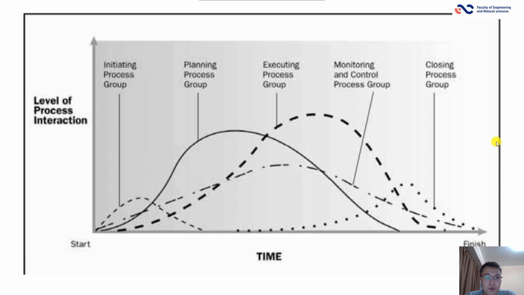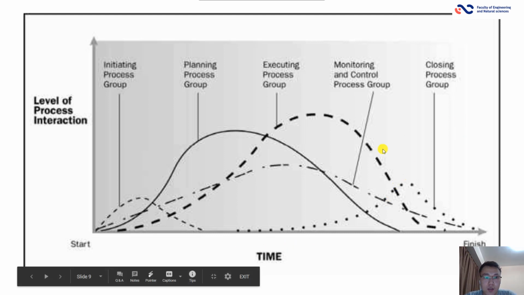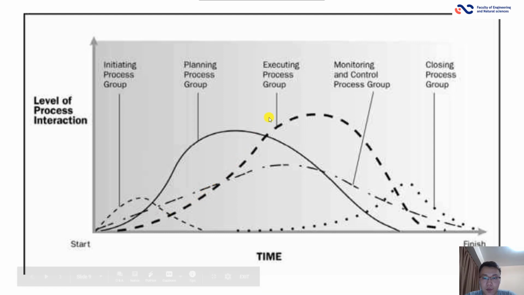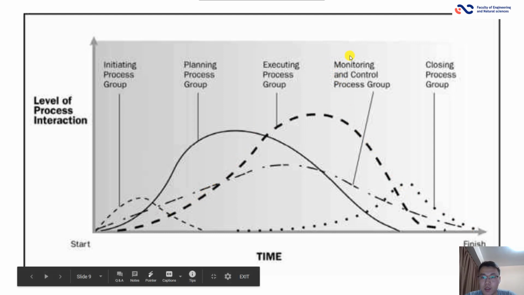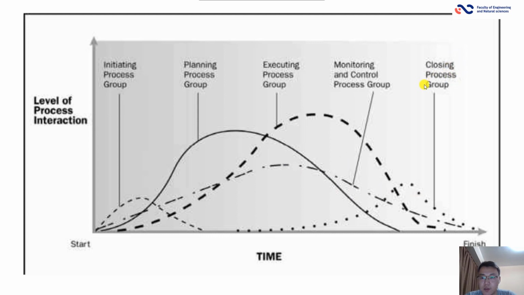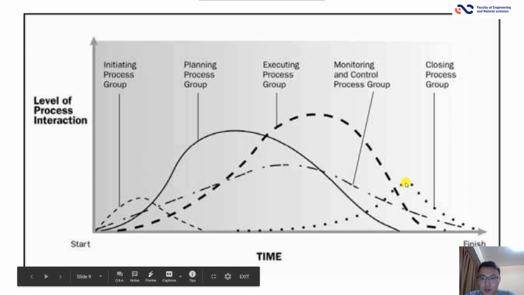Here is the level of process interaction over time. The initiating process group starts here, then the planning process group, the executing process group, you can see the flow, the monitoring and controlling process group is here, and the closing process group is these dots.